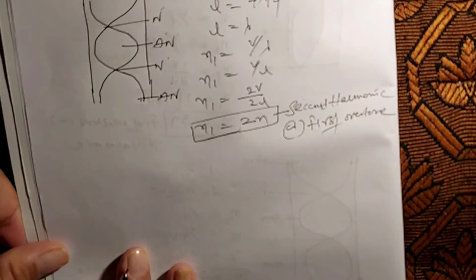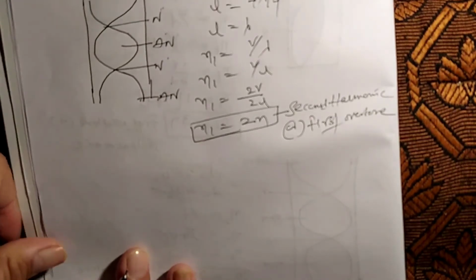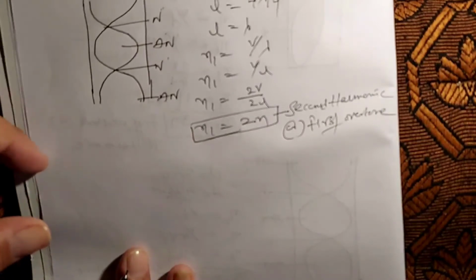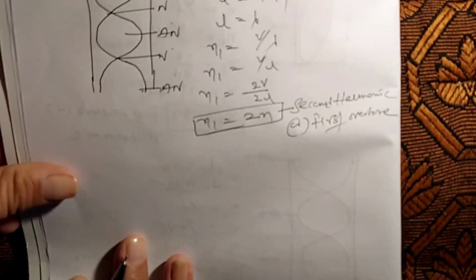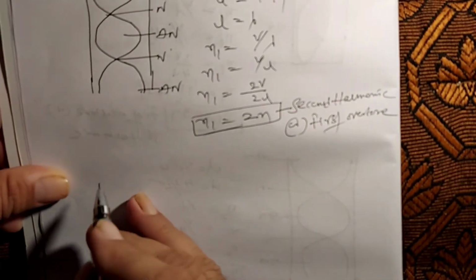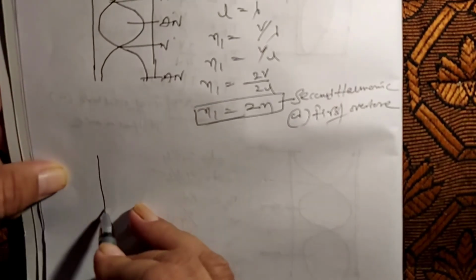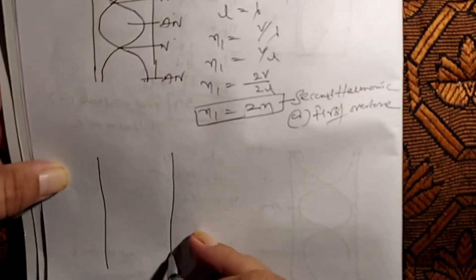Now like that, if the air column is made to vibrate such that 4 antinodes and 3 nodes are formed, the stationary waves are formed like this.